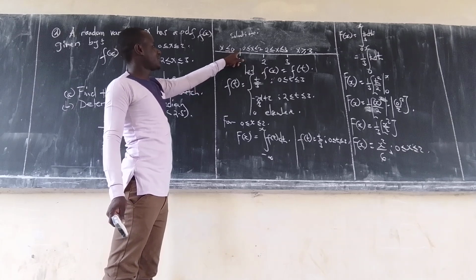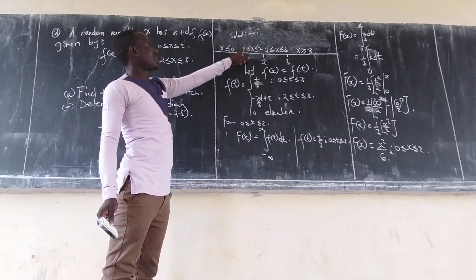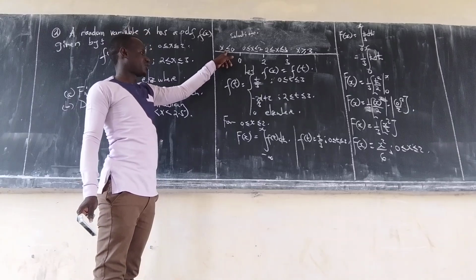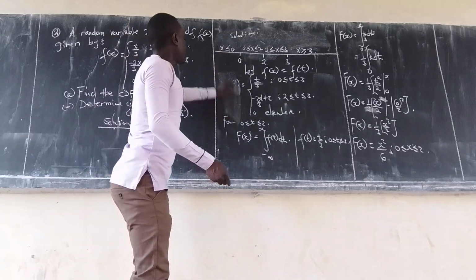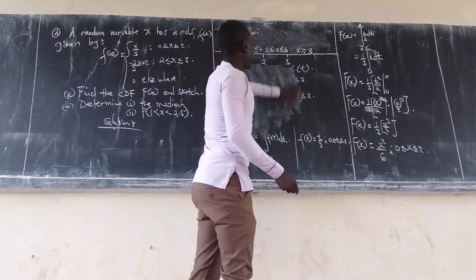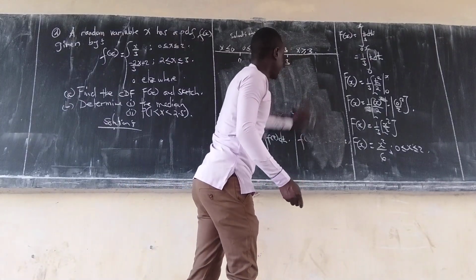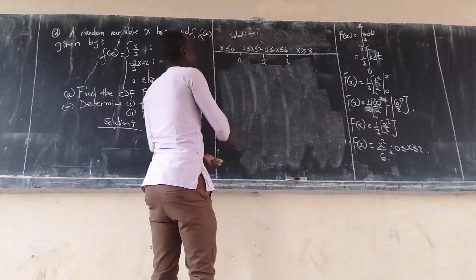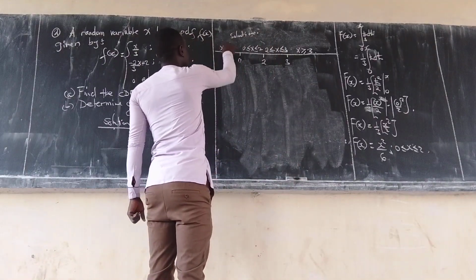Now substitute this lower limit in the capital F of this and you get the capital F of this one. So, if we want the capital F of x for the first interval, our first interval is x less or equal to 0.